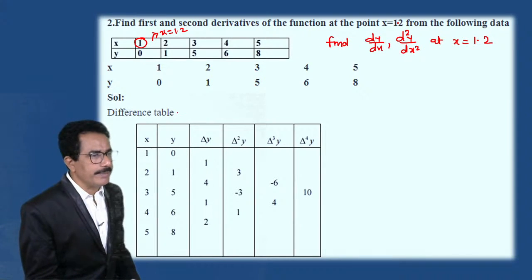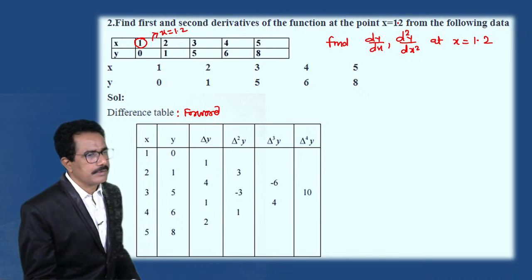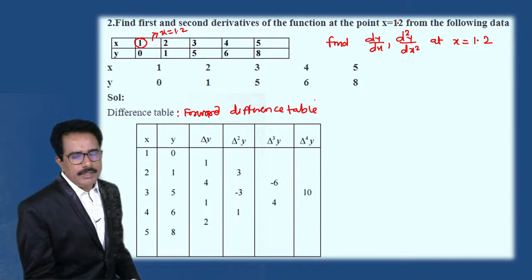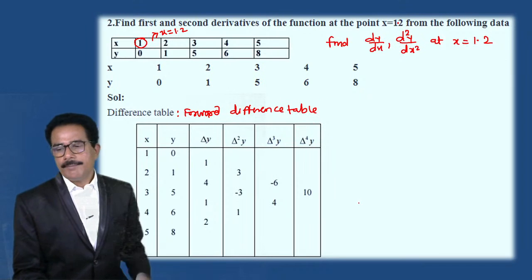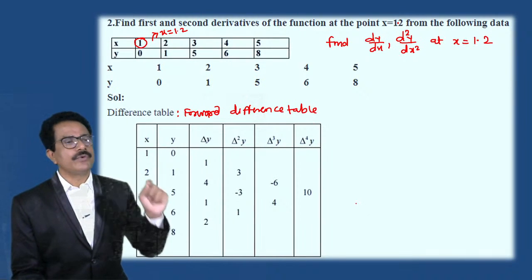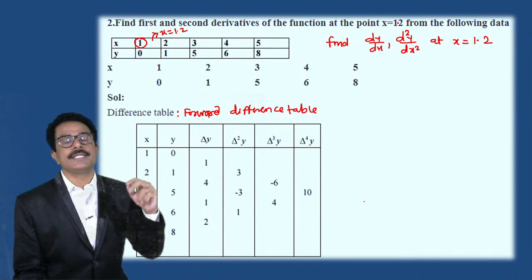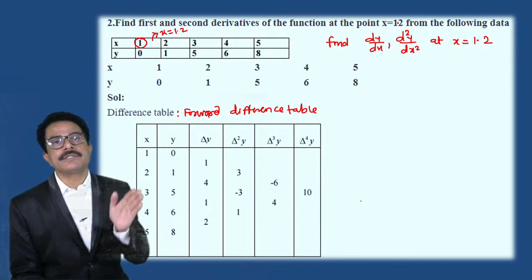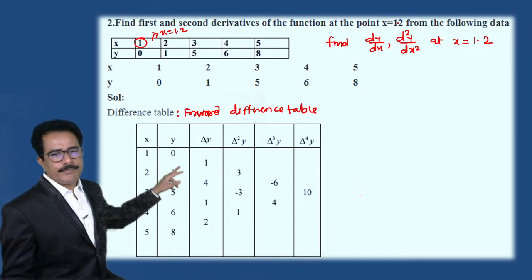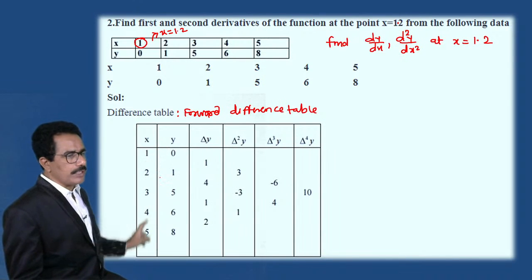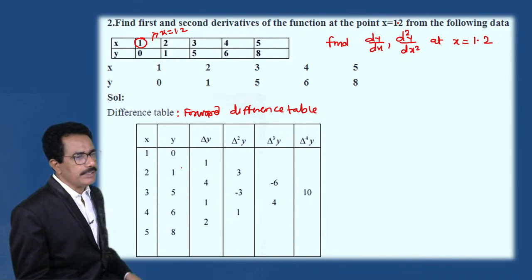Why can we use the forward difference table here, students? Because we have to find the unknown term, that is the derivative at x is equal to 1.2, which is nearer to the first value. So forward difference table: 1 2 3 4 5, 0 1 5 6 8.